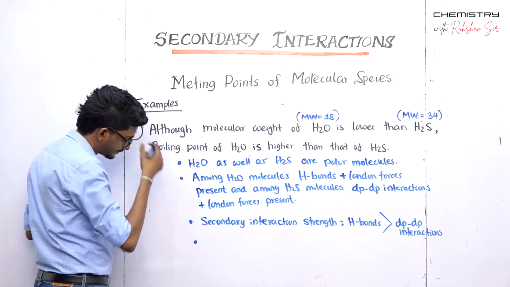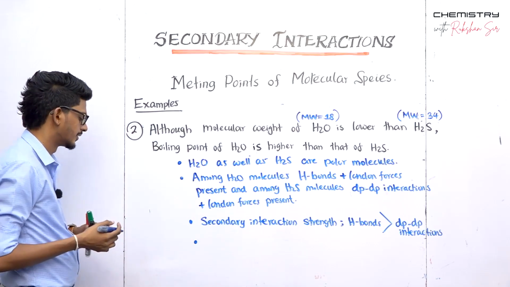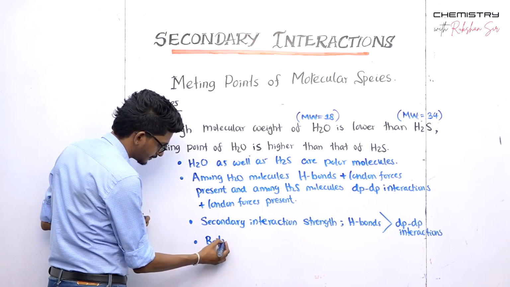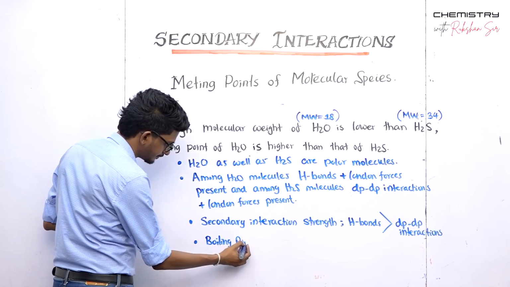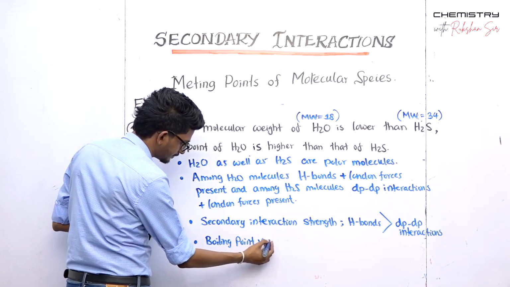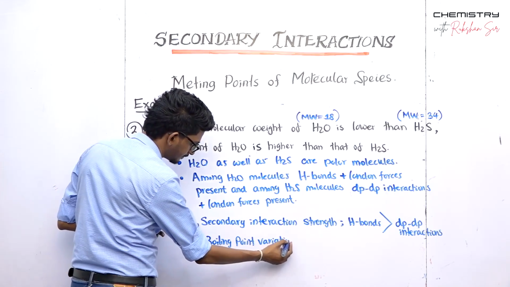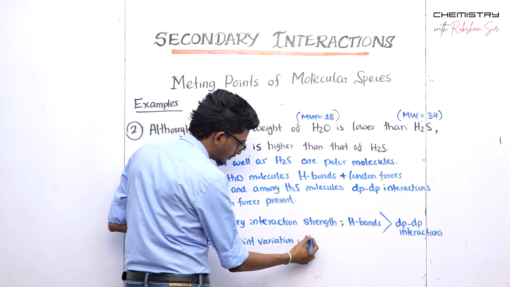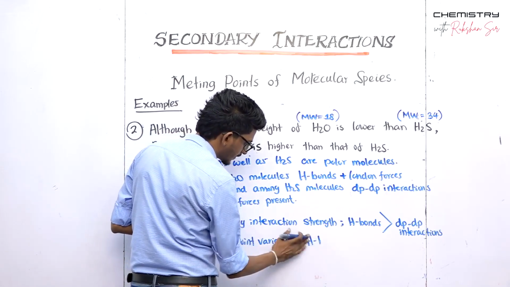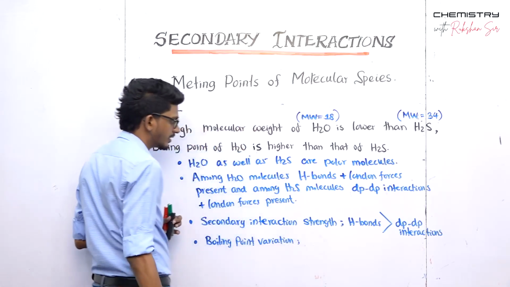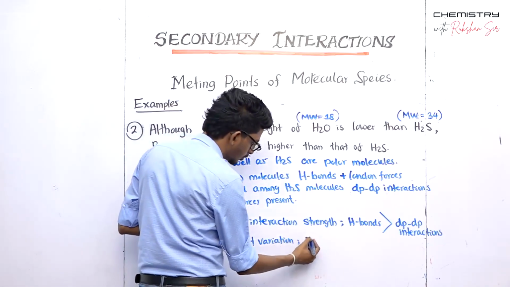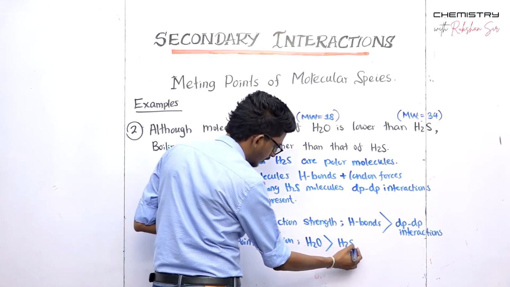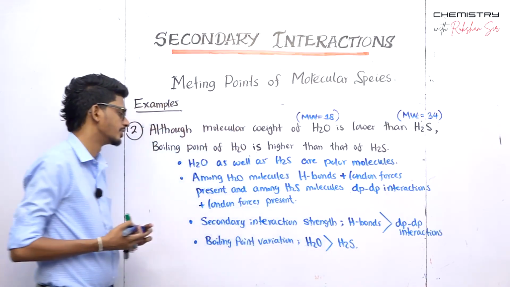So the boiling point variation is with hydrogen bonds winning here. Hydrogen bond carrying particles will win. That means H2O has a greater boiling point than H2S. This is how we are supposed to explain the observation.